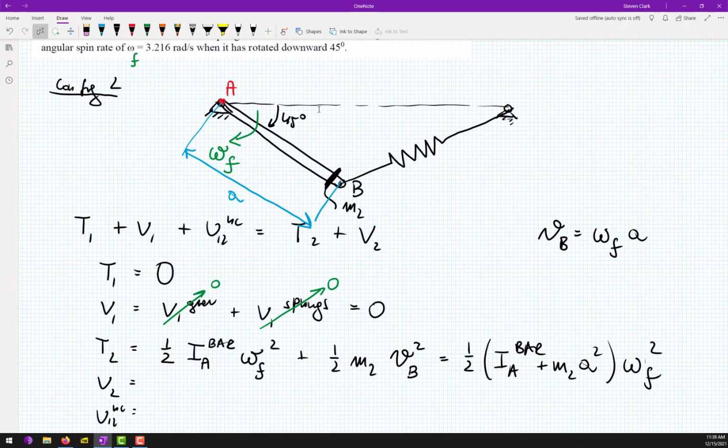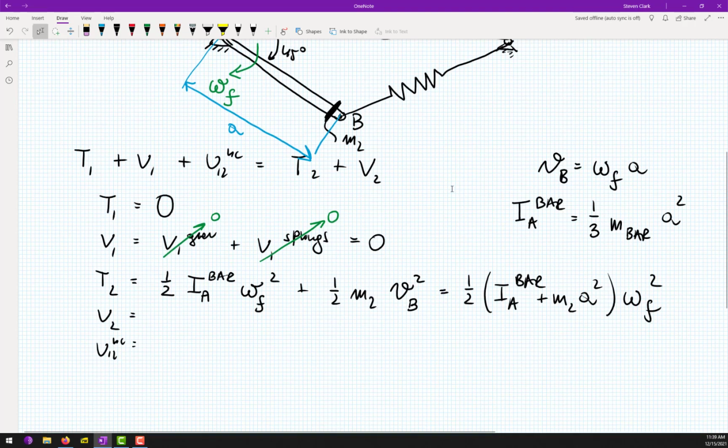And let's also use the parallel axis theorem to find I_A bar. Actually, we don't have to. It's 1/3 M bar A squared. Yes, I used the parallel axis theorem in my mind. Anyway, it's the moment of inertia of a bar about one of its ends.